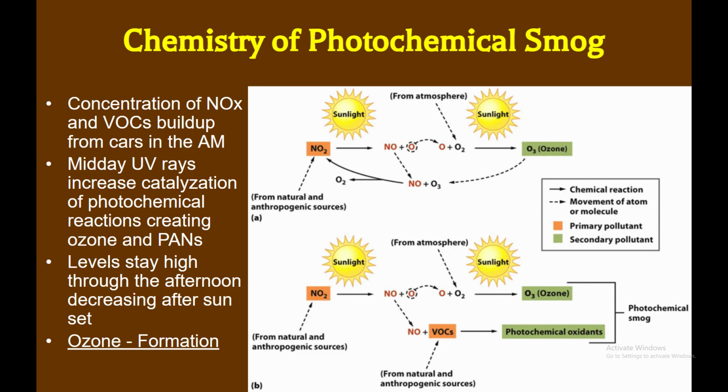The concentration of nitrogen oxides and volatile organic compounds builds up from cars and trucks and vehicles, and midday ultraviolet rays increase the catalyzation process of the photochemical reactions, which create ozone and PANs, and levels stay high throughout the afternoon because once the sun's rising and bright and shining down, it exacerbates this process of creating photochemical smog from these pollutants.